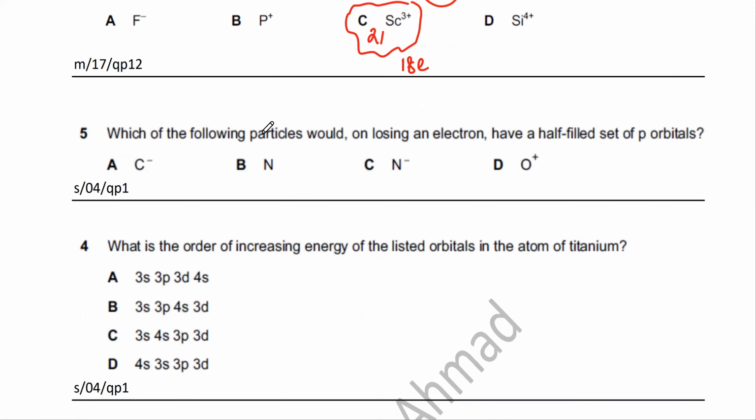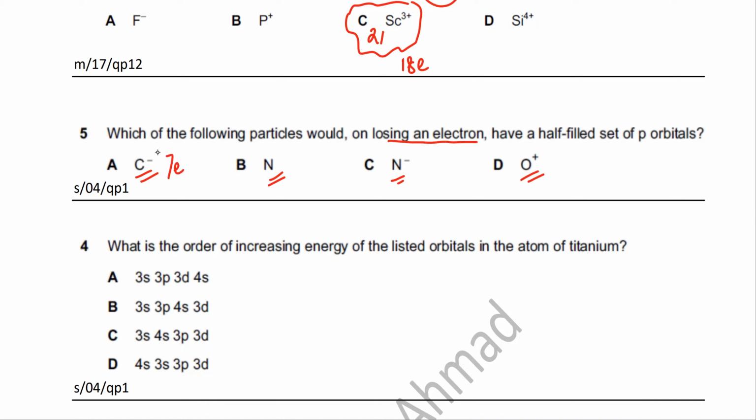Now this one is, which of the following particles would on losing an electron have a half-filled set of p orbitals? Remember, all of them have to lose electrons. First we need to figure out how many electrons they have. Carbon is proton number 6, but it's -1, so it has 7 electrons.